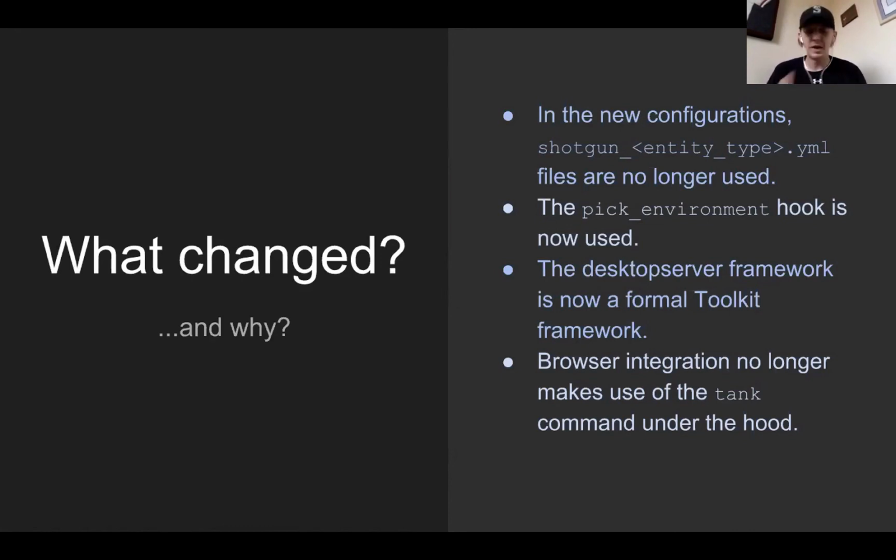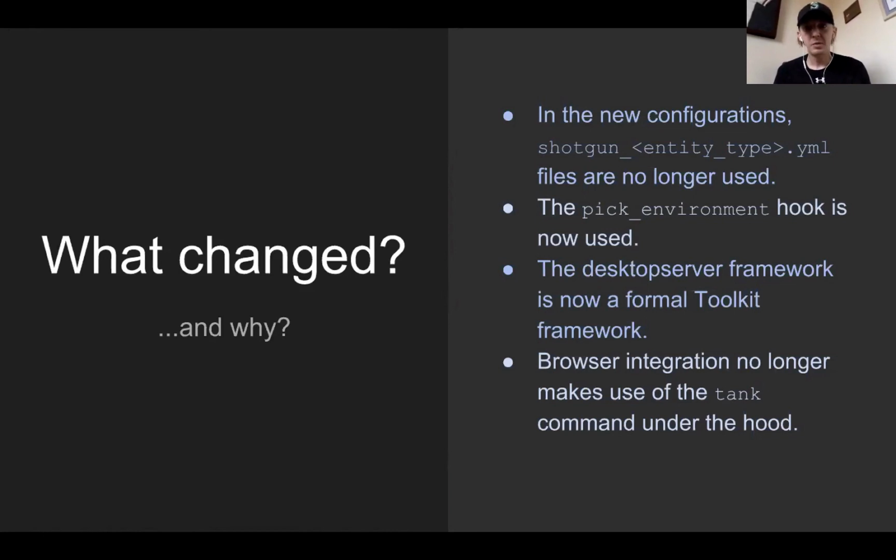So on one hand, we needed to remove the dependence on the tank command when getting Toolkit actions for the browser integration, because we needed to support zero config. And the other is that it's just better practice for us to use our own API instead of shelling out to a script that then implements the functionality that we need. So it's a little bit of cleanup there.